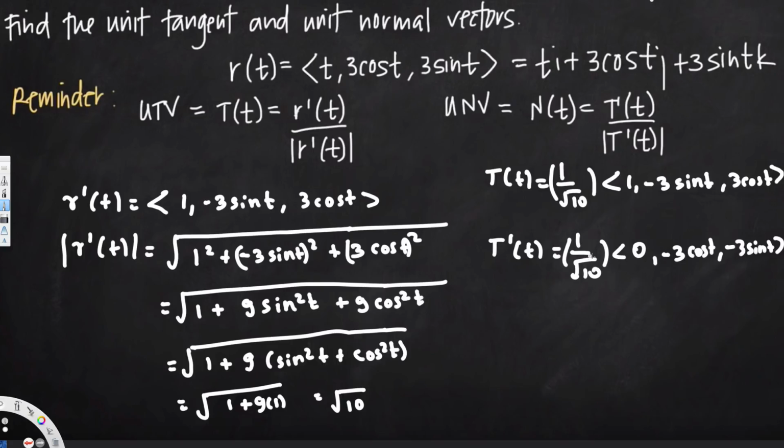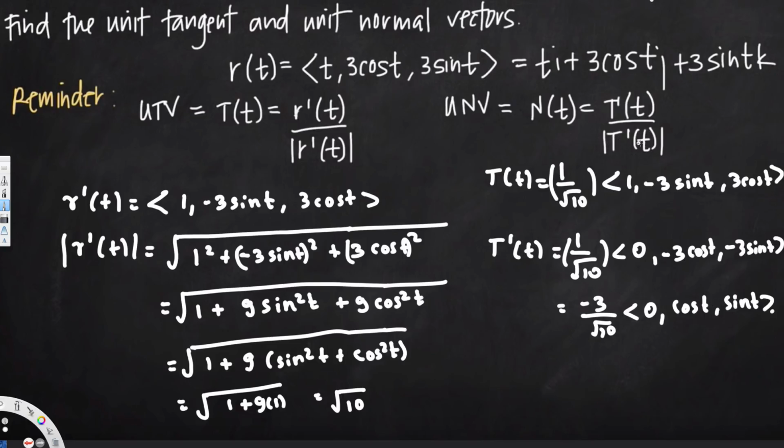We can also take the negative 3 common, because multiplying by 0 won't change the 0 anyway. That gives us negative 3 over root 10 times 0, cos t, sin t. So this is our T prime of t.